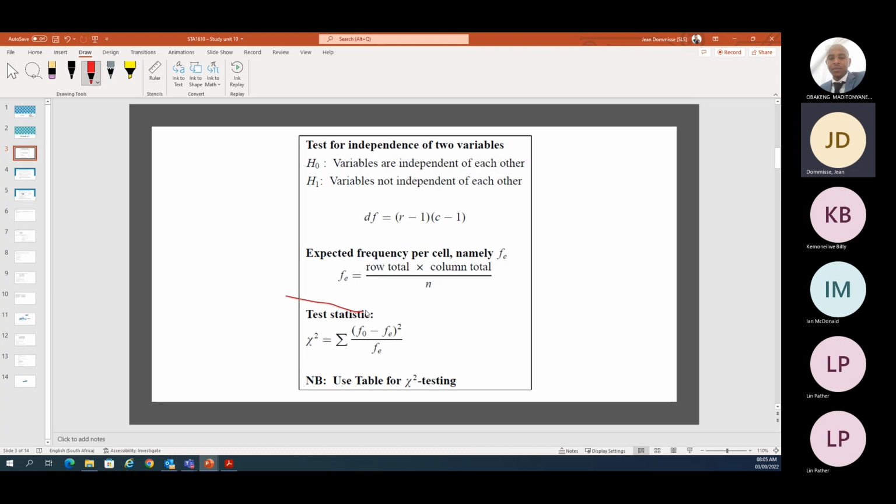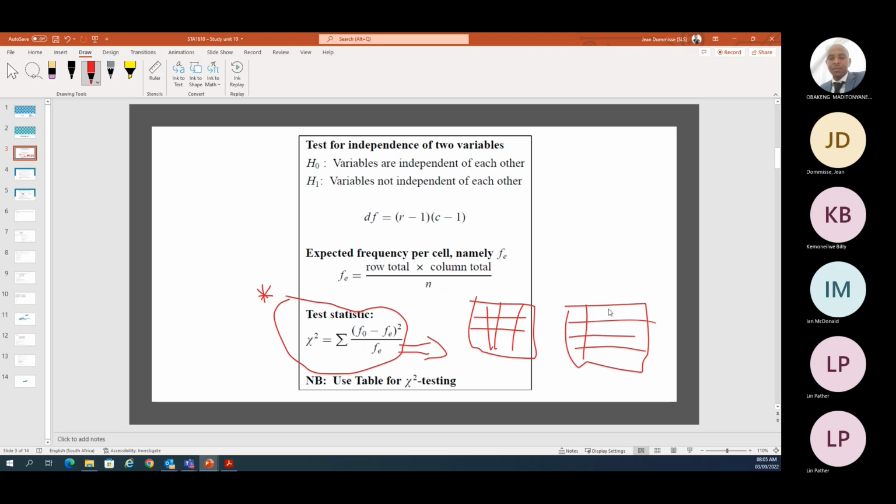It might be in your assignment that they ask you to do this. If they ask you to work this out, they will give you the observed values and the expected values, and then you can make that calculation of observed minus expected. But this happens seldom.